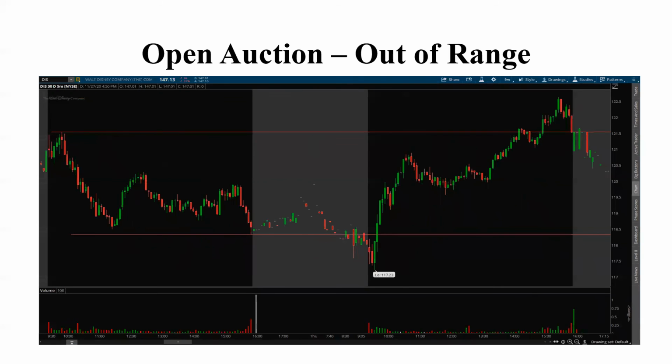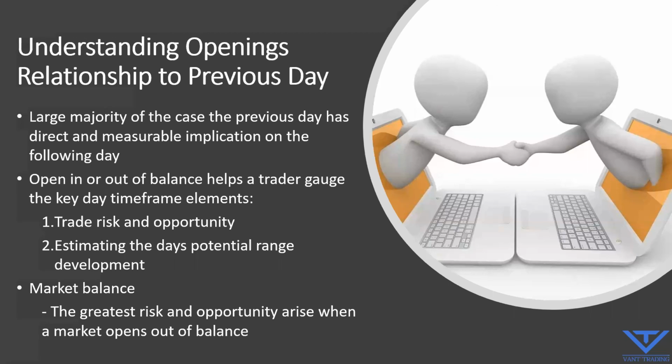If you look at the next chart, you've got another example, Disney. Disney did this little reverse action: it opened, came down, rejected, reversed, came back into range and broke through the highs. So again, some other new buyers and sellers are starting to show up. Understanding the opening's relationship to the previous day is really important.